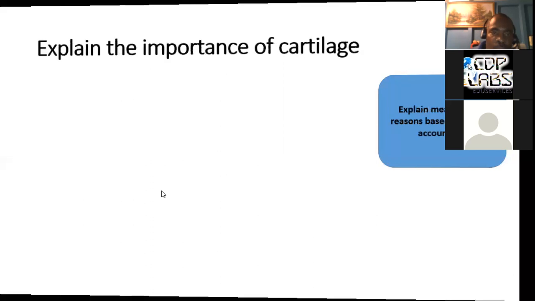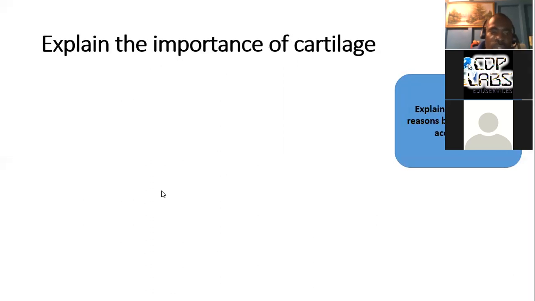If you are going to see what it can do, the cartilage, as Trevor said earlier, reduces the friction. So, all right, Mona, you state the function. But does that say to us why it's important? No. So you have to go further.